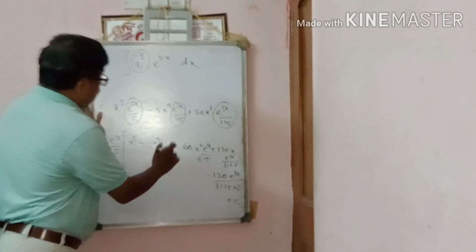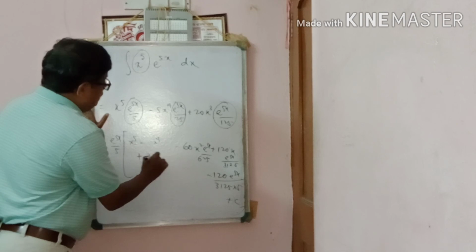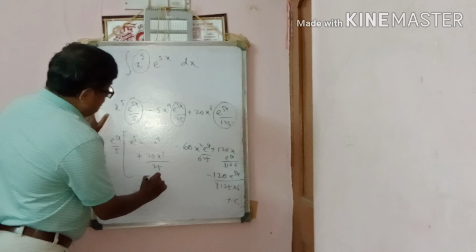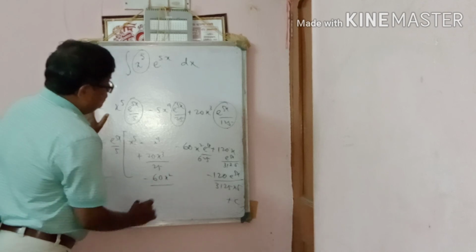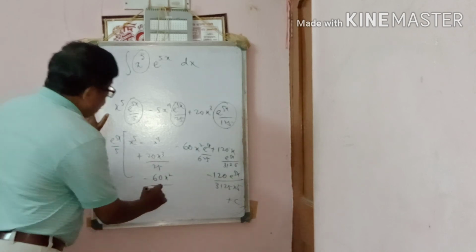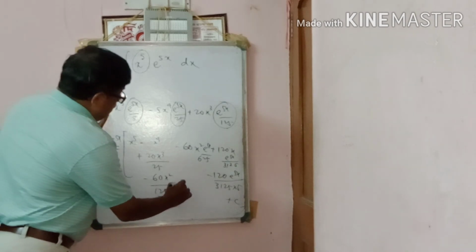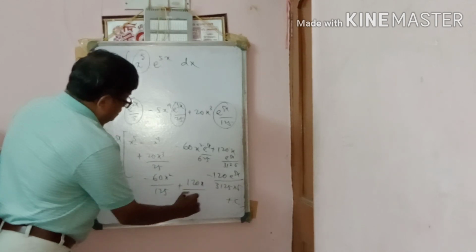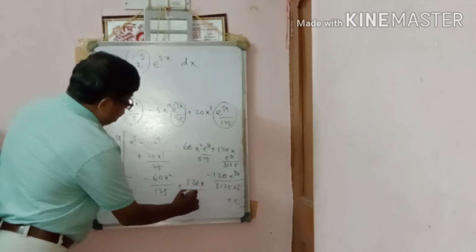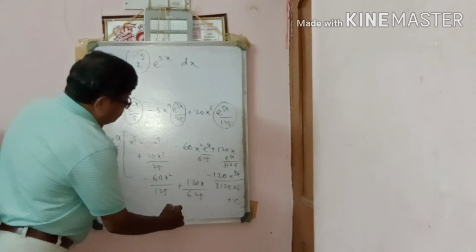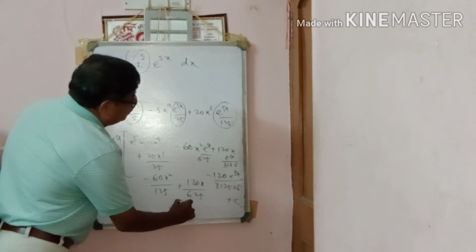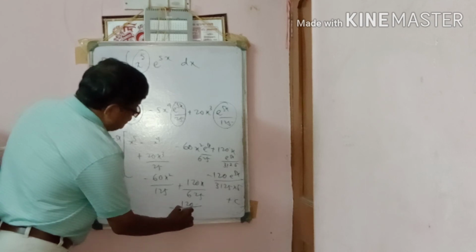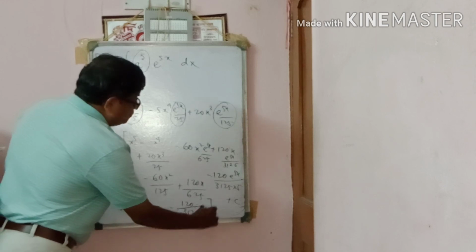Here also plus 20x cube by 25, minus 60x square by 125, plus 120x by 625, minus 120 by 3125, plus c, answer.